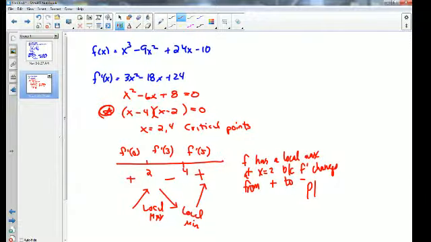This is 4.2. Prelim number 1, exercises 3, 4, 7, 9, 13.